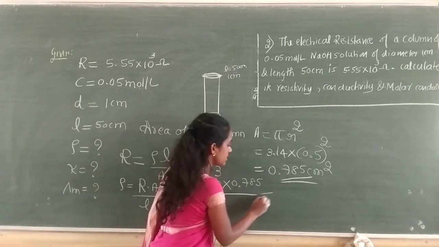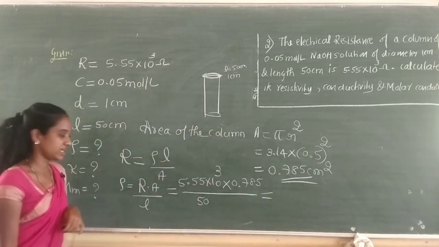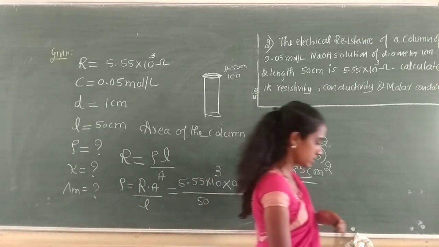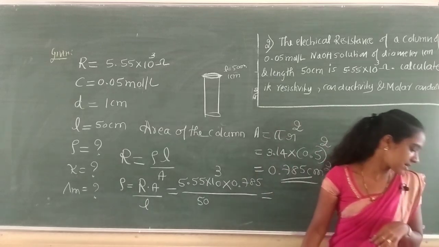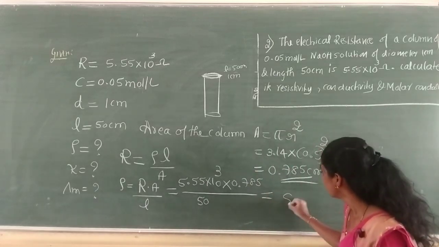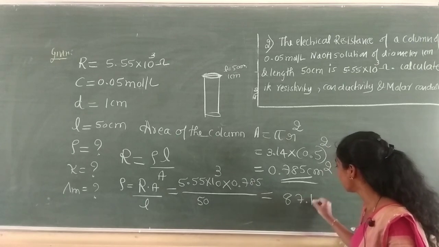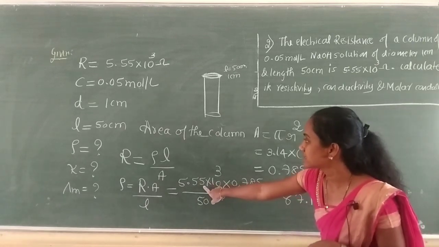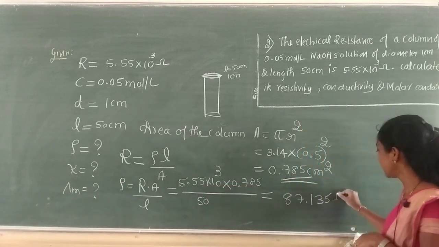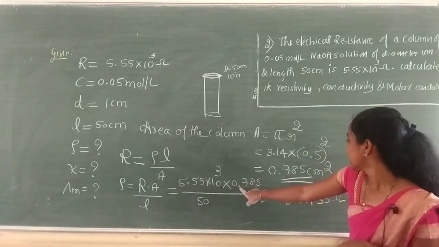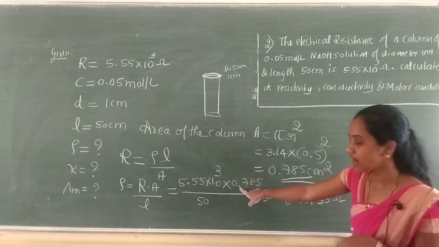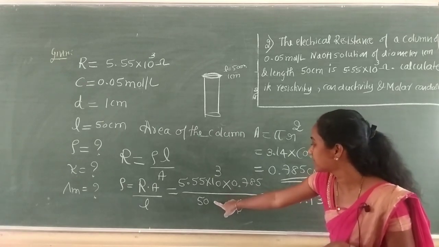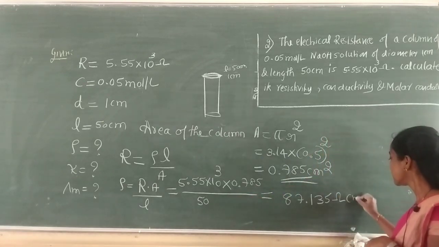So find out the answer here. Resistivity, which is equal to, what is the answer? It is 87.135. Since the numerator, that is a resistance, its unit is ohm, and area is in centimeter square, divided by centimeter, we will get ohm centimeters.